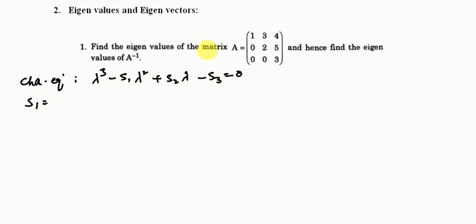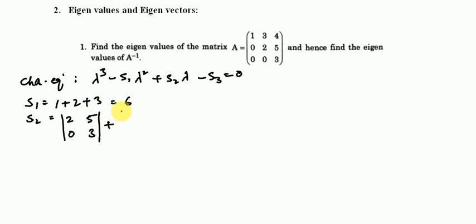S1 is the sum of the diagonal elements of the matrix. That is 1 plus 2 plus 3 equals 6. And S2 is the sum of the minors of the diagonal elements. That is, for the first diagonal element 1, you remove the first row and first column and consider the rest of the elements: determinant of 2, 5, 0, 3.